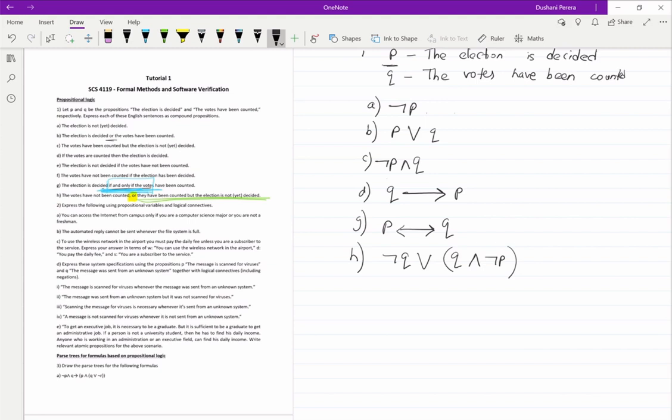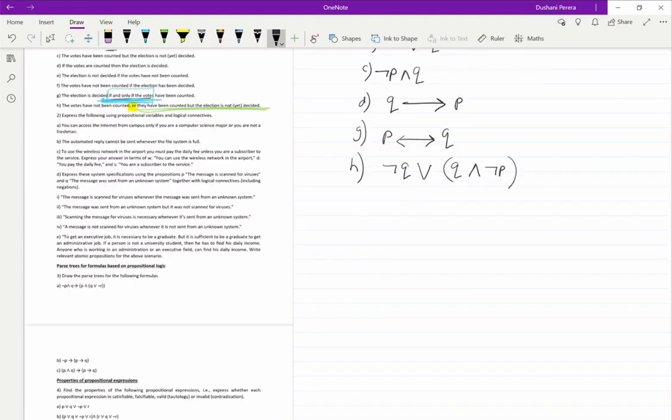So I hope the first question is clear to you. Now let's move into the second question. Express the following using propositional variables and logical connectives. Let's look at part A. You can access the internet from campus only if you are a computer science major or you are not a freshman.